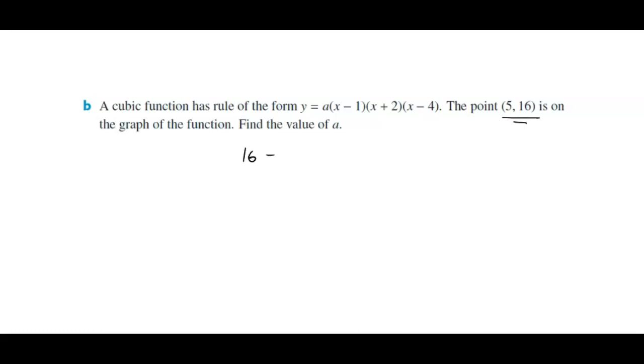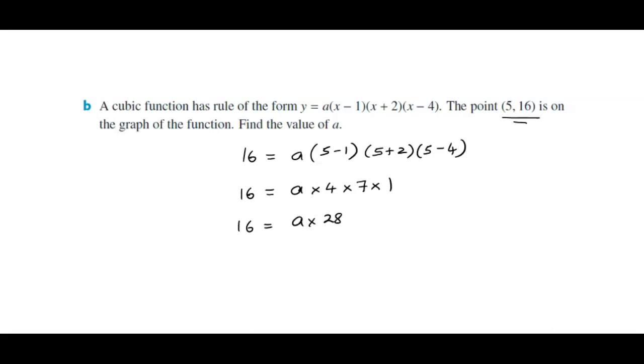So we're going to go 16 equals a times (5 minus 1), (5 plus 2), (5 minus 4), which gives us 16 equals a times 4 times 7 times 1, so 16 equals a times 28.